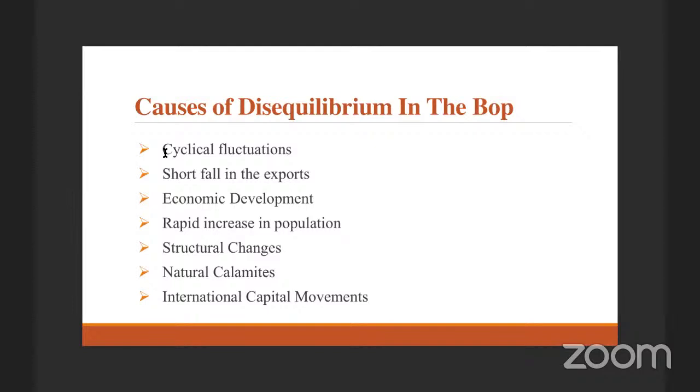That's not likely, because we are very strong in software and China can never compete with India on that front. But if China is able to provide software also, then that is a shortfall in the exports for India, right? Software export. Then economic development is another reason.